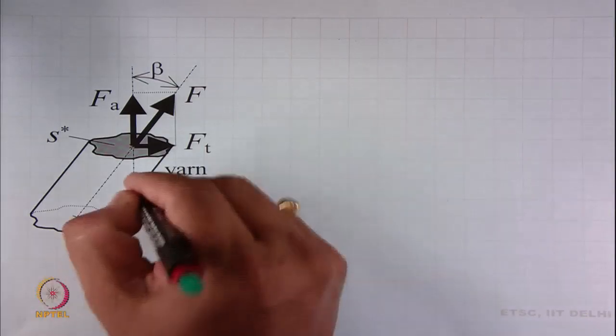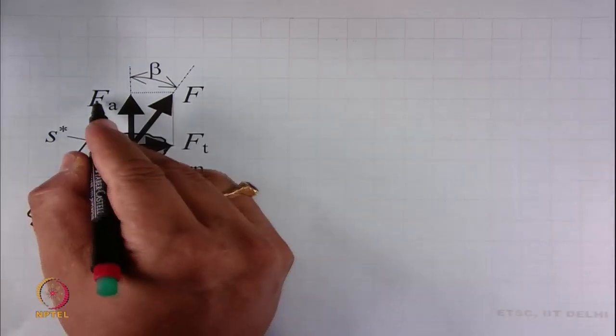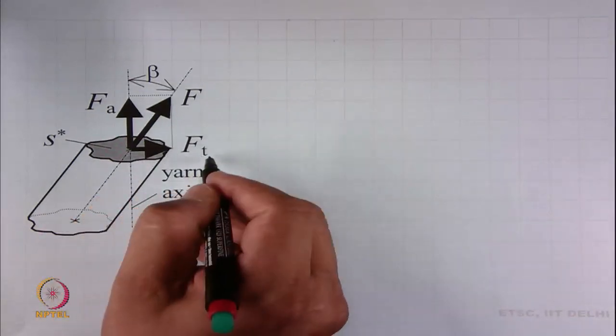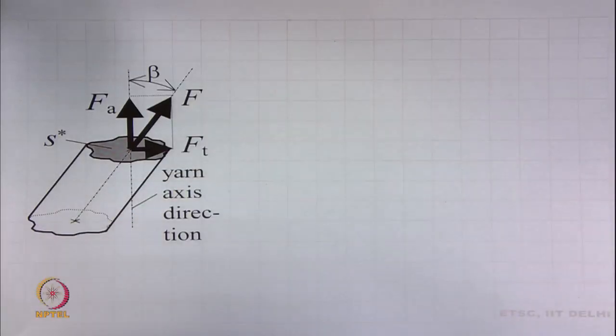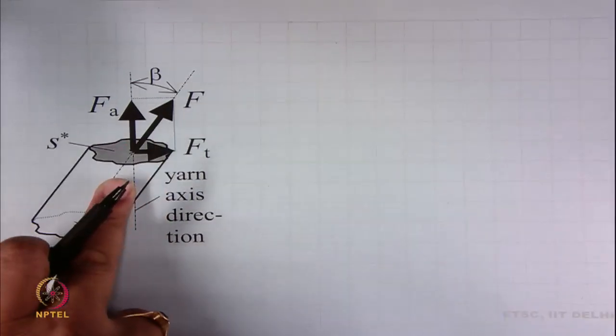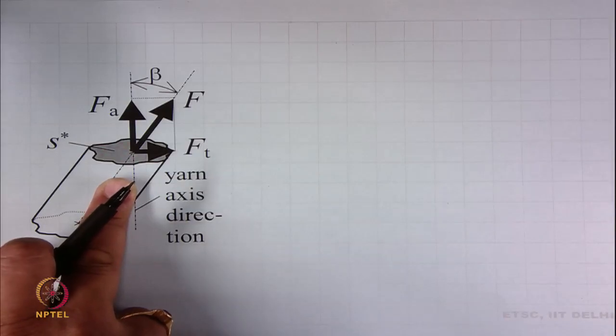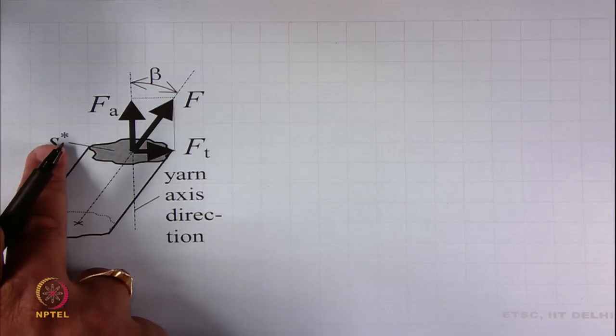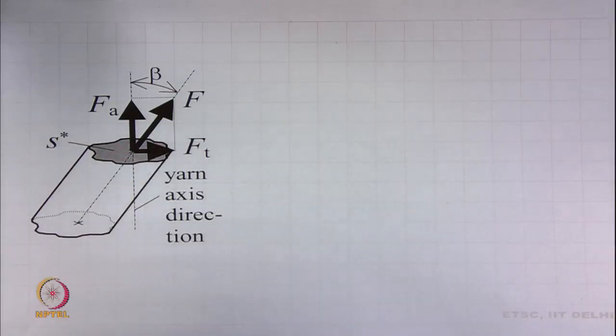Along the axis of the yarn, a force F subscript A is acting, and this is the transverse force F subscript T. And what is this area? This is not the cross sectional area, this is the sectional area. Sectional area we denote by S superscript star.